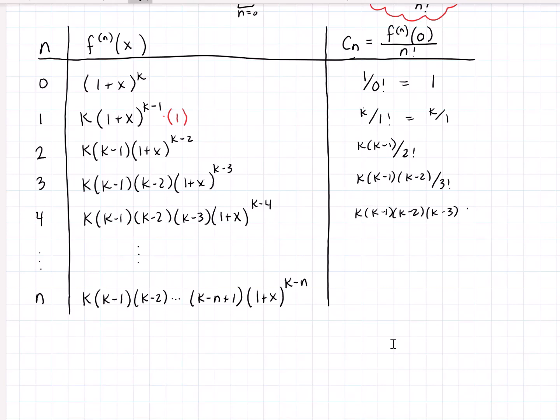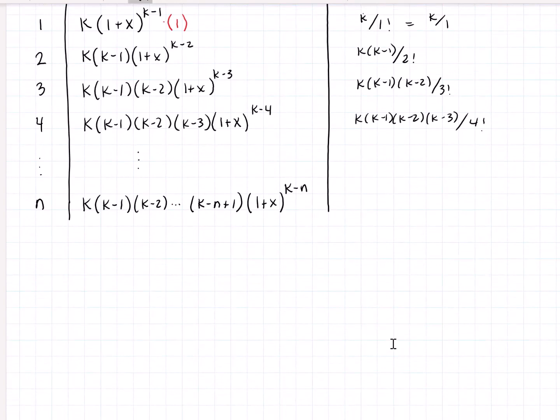And for the nth coefficient, we're going to have this entire thing, k times k minus 1 times k minus 2 out to k minus n plus 1, and then we just have 1 to a power, so that's just 1 times 1, all over n factorial. And we have found what the coefficients look like.